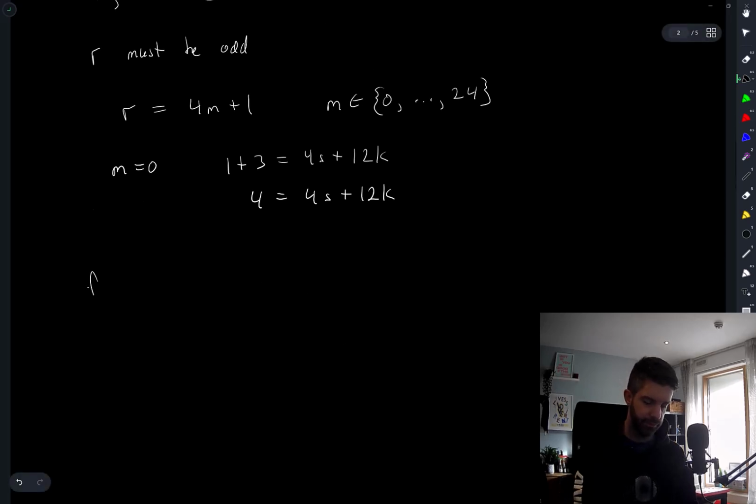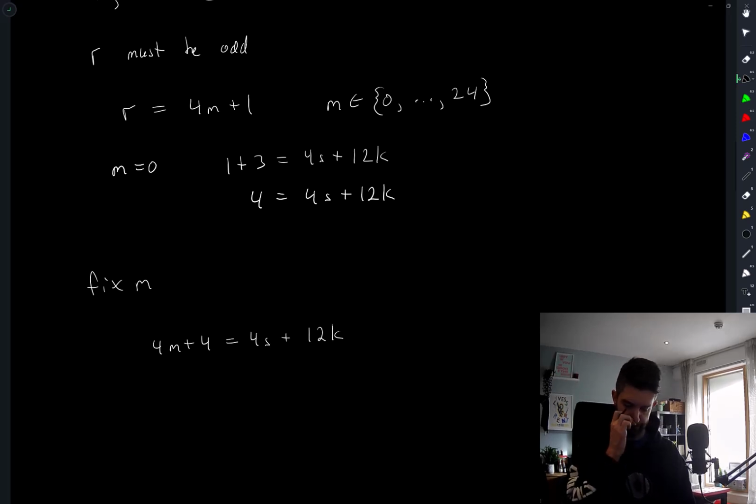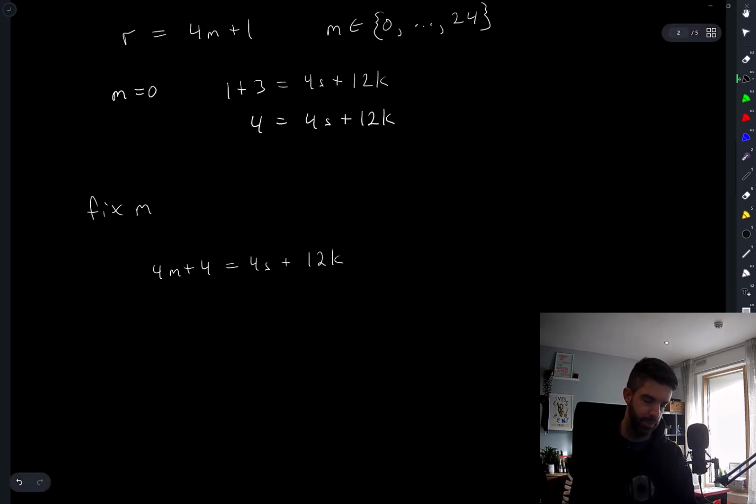Okay, so let's fix M. We have 4M plus 4 is equal to 4S plus 12k. Well, M plus 1 is equal to S plus 3k.